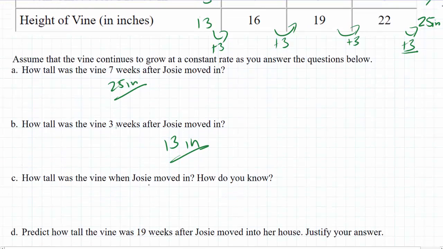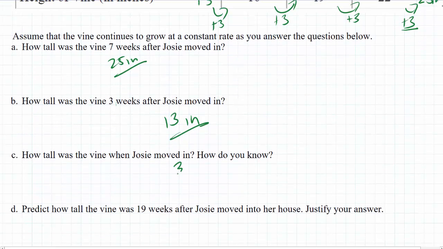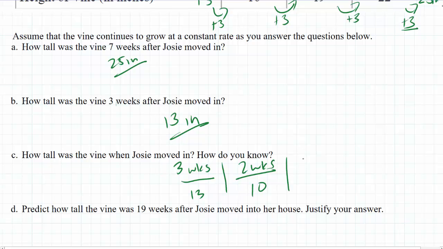Now, how tall was the vine when Josie moved in? How do we know? Well, let's go ahead and continue the table. And we're just going to go backwards. So 3 weeks in, we know it was 13 inches. 2 weeks in, we should decrease by 3. So it's going to be 10 inches. 1 week in, 7 inches. Now, a lot of us are going to say, okay, because number 1 is where we start, the vine is 7 inches.